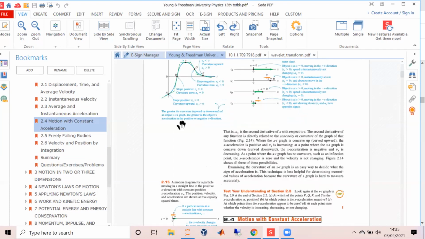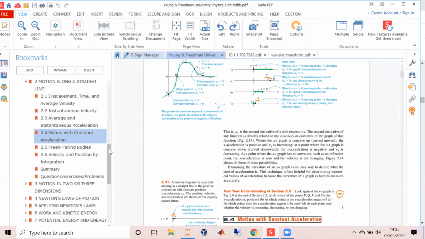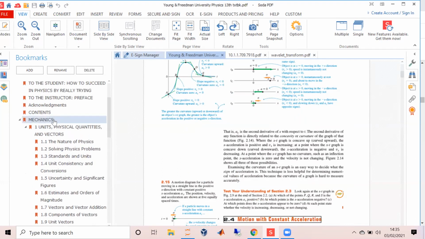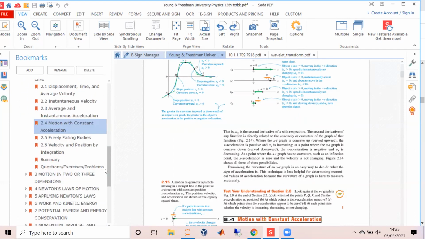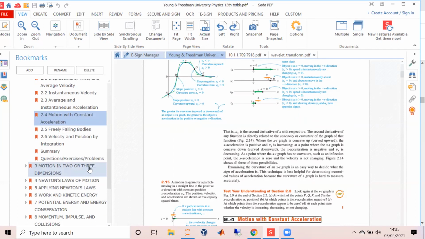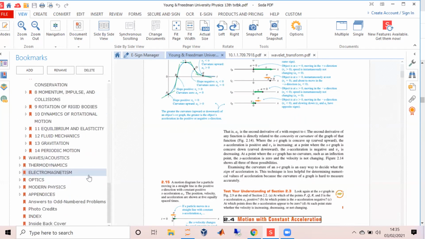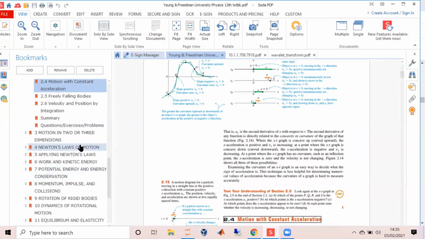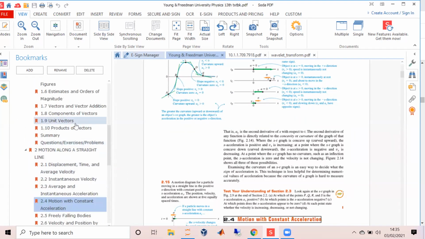This book is going to be really helpful for you guys. I would say this book is essential for you in this course, okay? If you go through this, you don't have to go through the whole book. You just have to go through the section mechanics. So we are in classical mechanics, okay? So don't go to waves and acoustics yet, okay? So just make yourself familiar with classical mechanics.